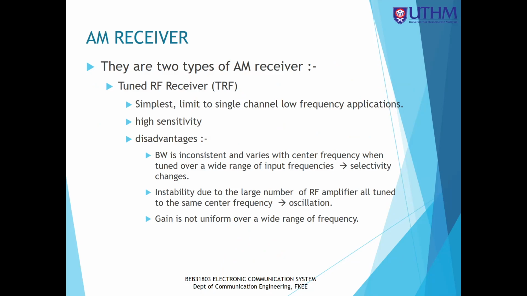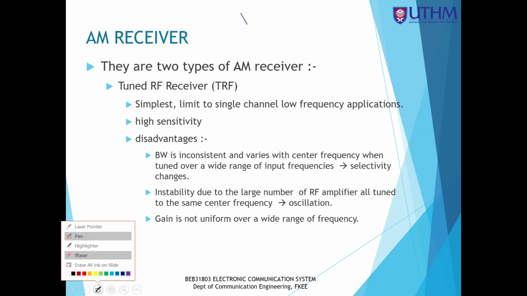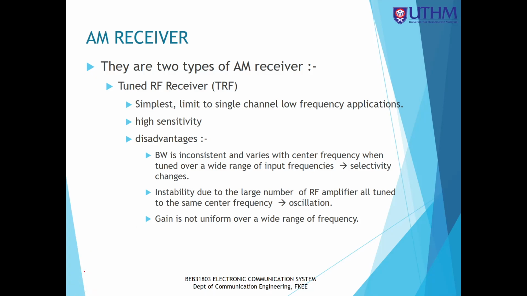So now, where are we now? If I redraw again so that you can have better understanding about the flow in your notes, kamu boleh nampak macam mana flow dalam nota kamu. If I redraw again about receiver, because we are learning about receiver. So this is receiver.